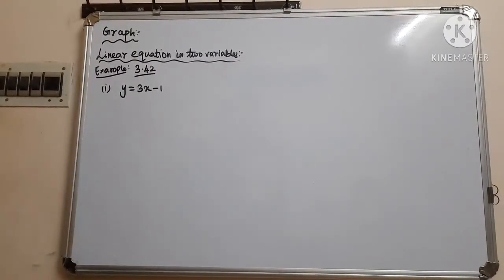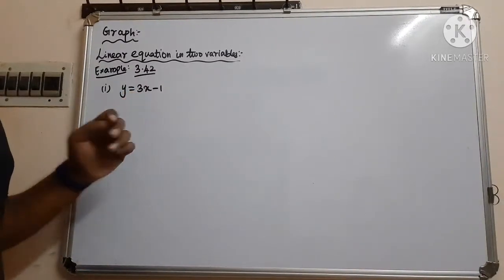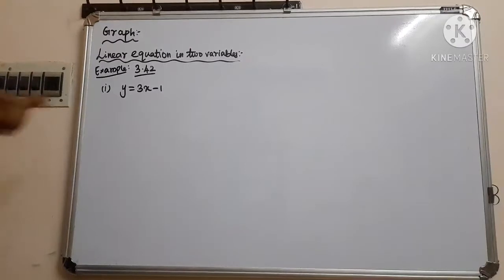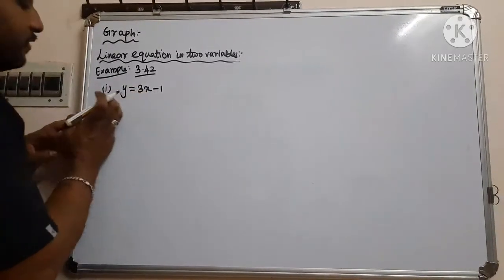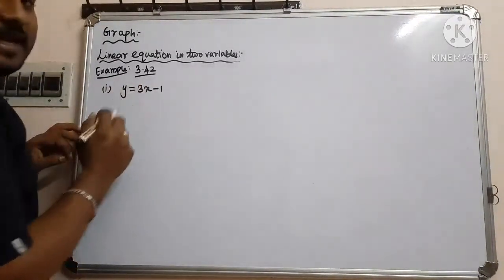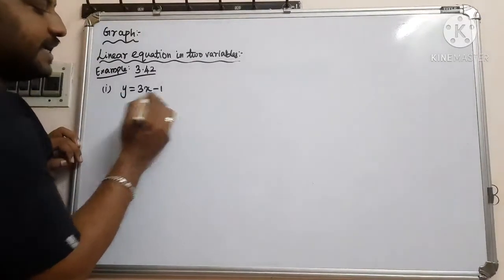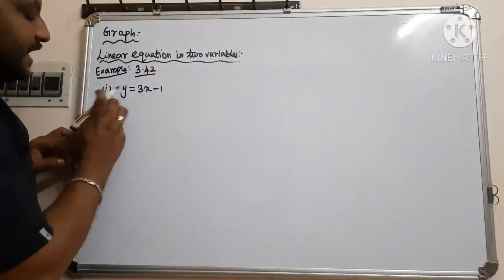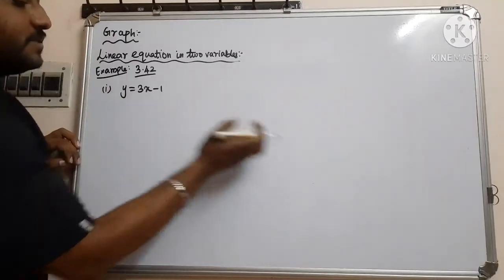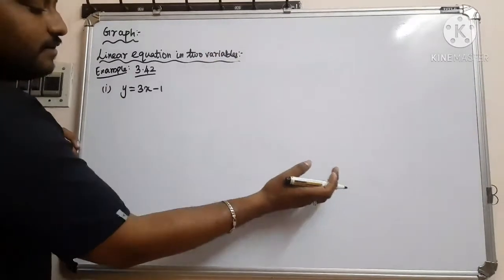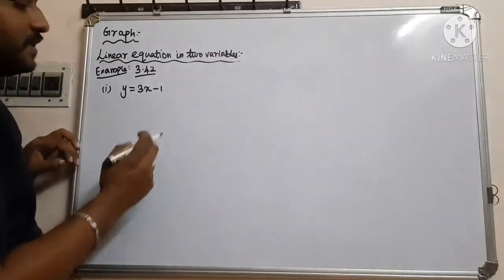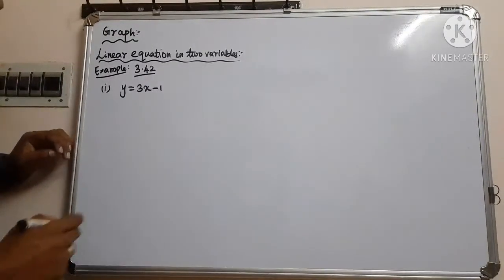In this graph there are two types: one is single equation graph, another one is double equation graph. First we are going to see the single equation graph. First of all, we have to find out the points. If we draw a graph, we have to know the points.